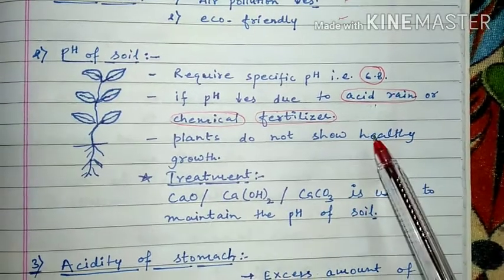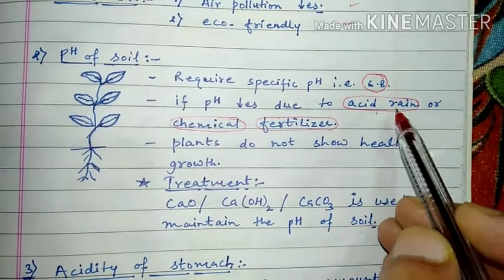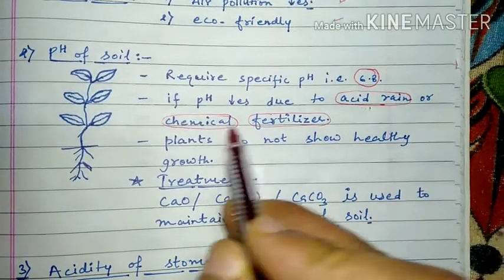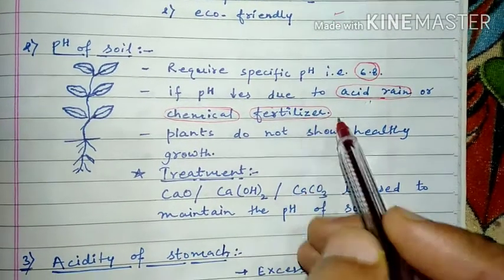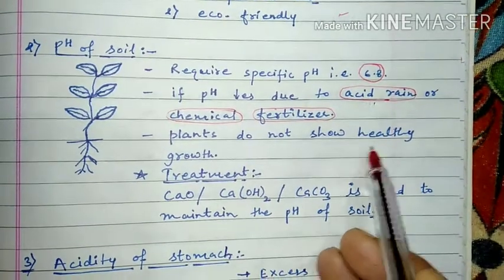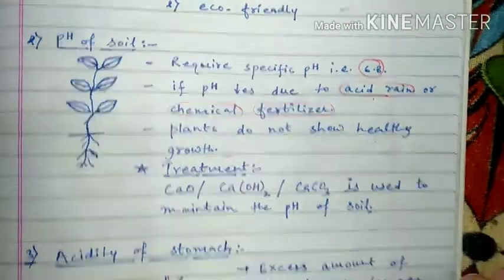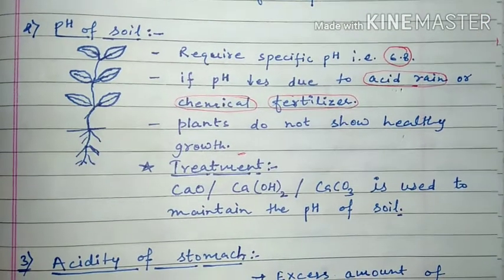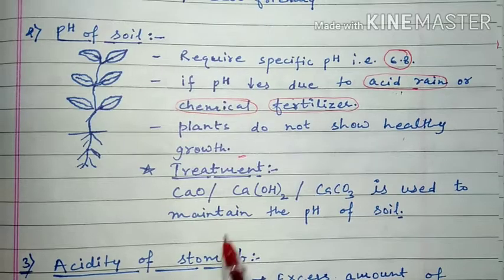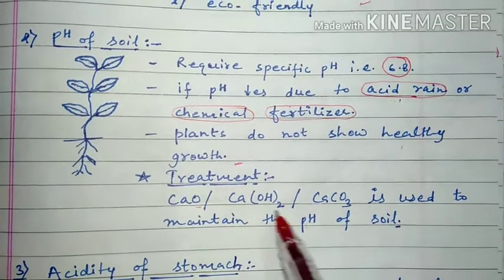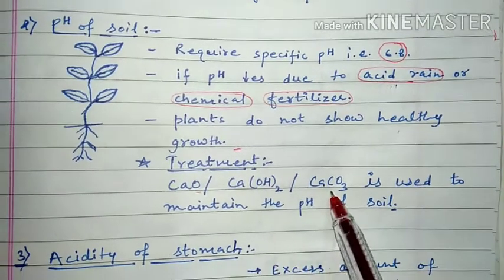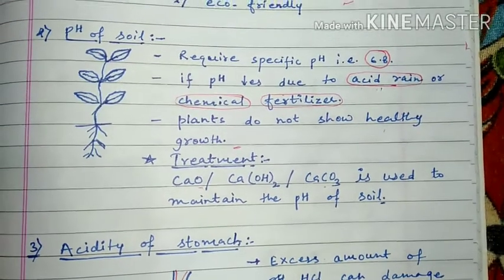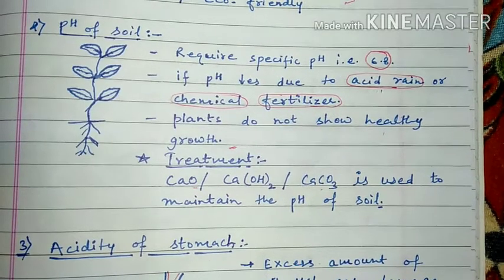But if the pH of the soil decreases due to acid rain or the use of chemical fertilizer, the plants cannot grow healthily, and because of that production decreases. So what is the treatment? We can use calcium oxide, calcium hydroxide, and calcium carbonate to maintain the pH of the soil. So this is all about the pH of the soil.